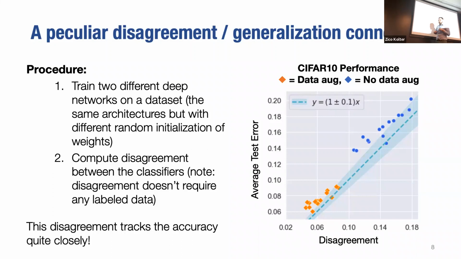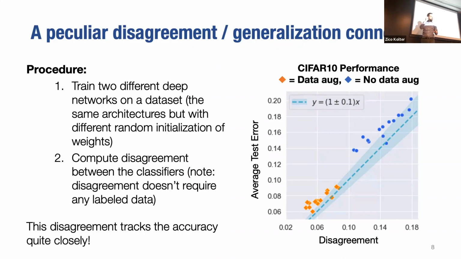And something very surprising happens, which is that the disagreement between these two classifiers tracks very well, not perfectly, their test error. To be clear, I mean disagreement on the test data and error on the test data. These are both on the test set.